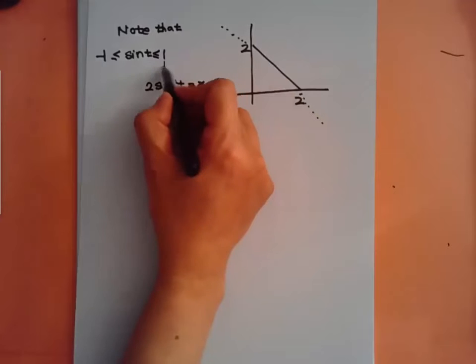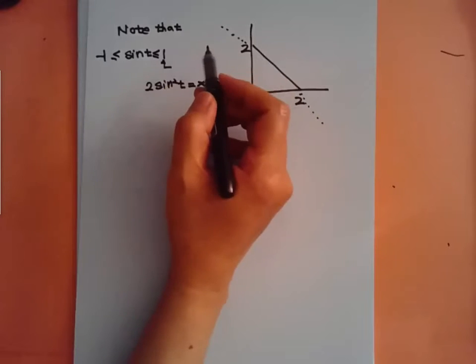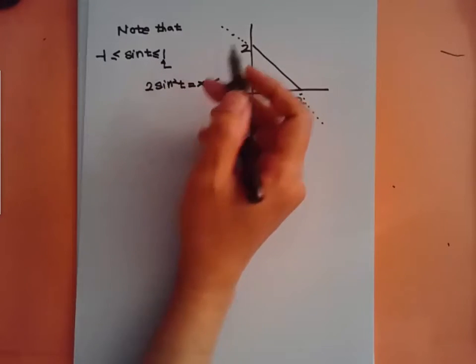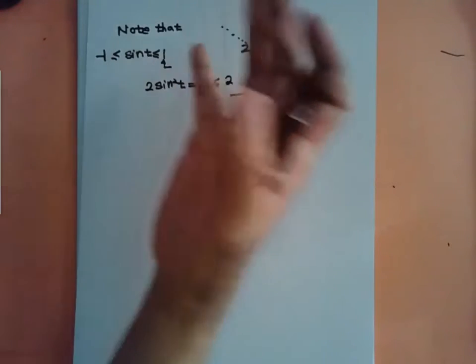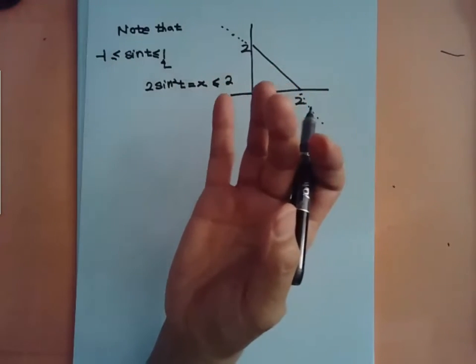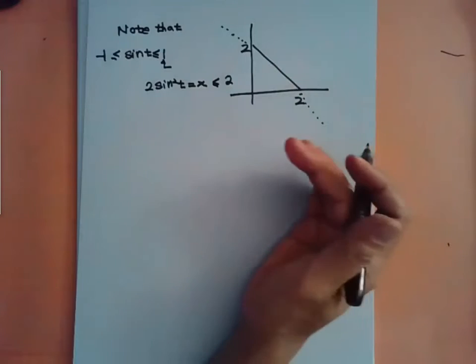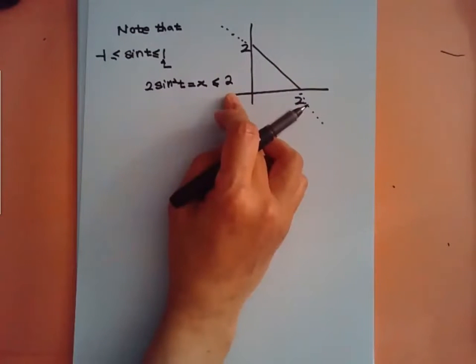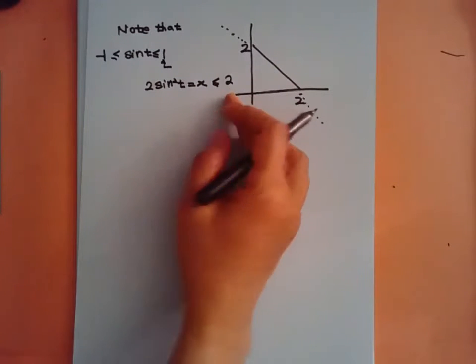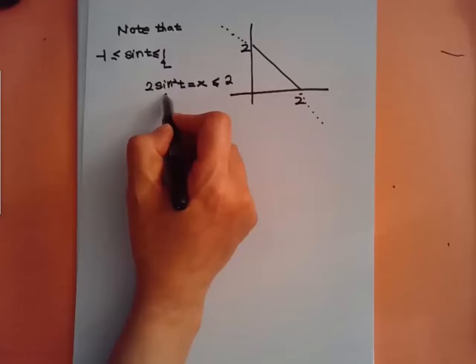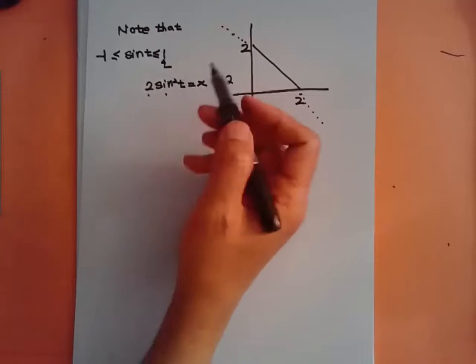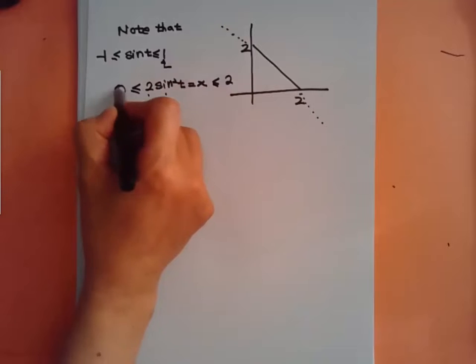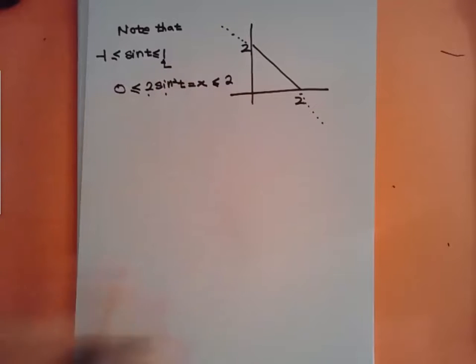So if you multiply by 2 here, then that is 2, and the sine value is 1, so 1 squared is 1. And so it should be less than or equal to 2. But as you can see, this is greater than or equal to 0, and this is a positive number, and so the entire thing must be greater than or equal to 0.